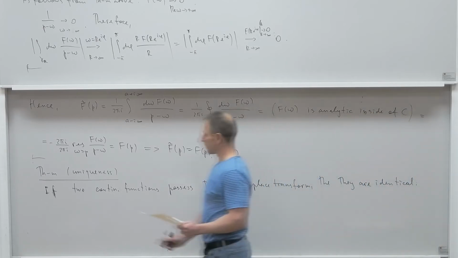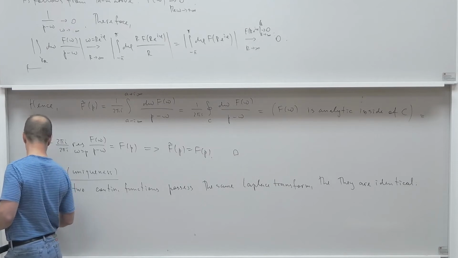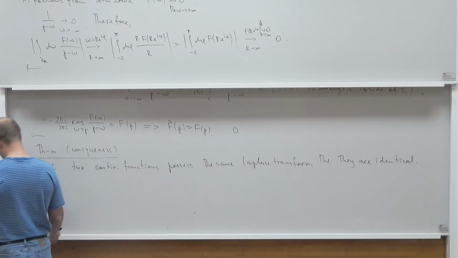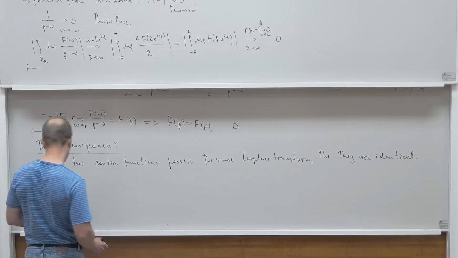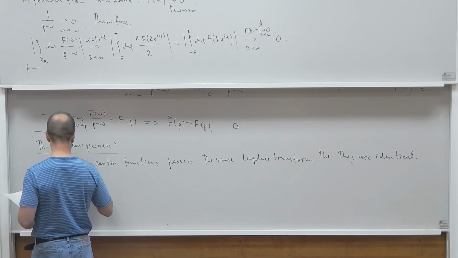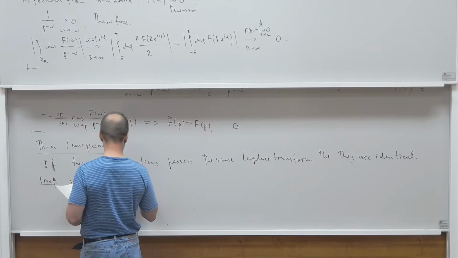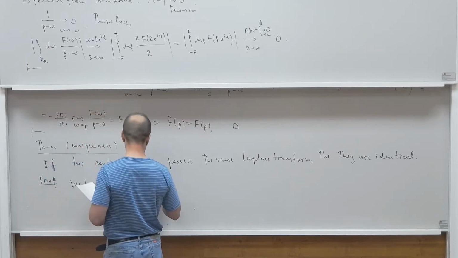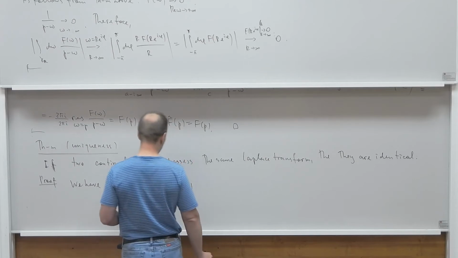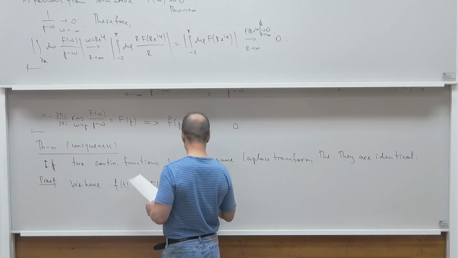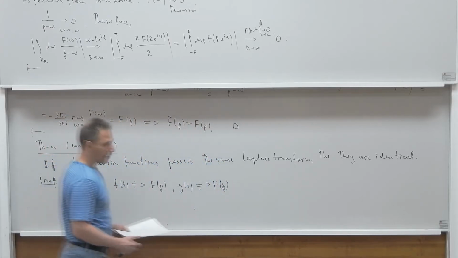The proof. As follows from the statement of the theorem, the function f small of t is Laplace transformed into F large of p, and the function g small of t is also Laplace transformed to the function F large of p.